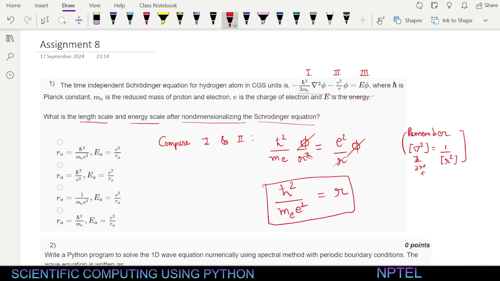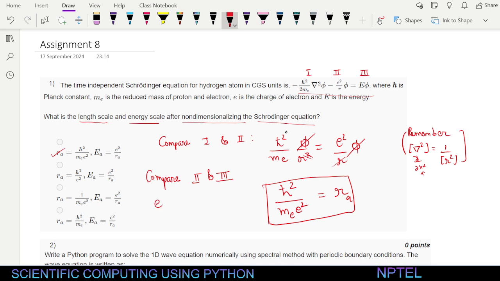And this gives the length scale, which we get by comparing 2 and 3. So this becomes your Ra, A for atom.